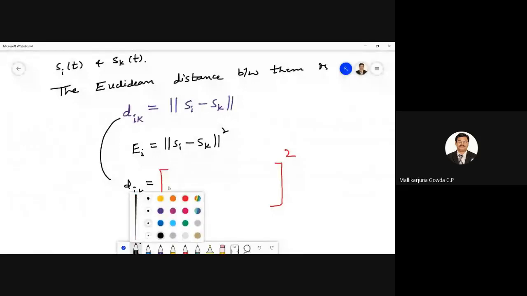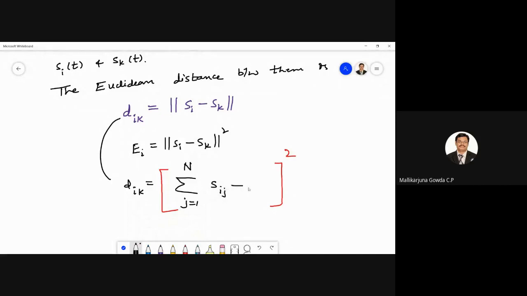What I can write is summation j is 1 to n, then Sij minus Skj, this squared. Sorry, it is to the power 1 by 2, the square root. I just substituted in terms of the coefficient values.